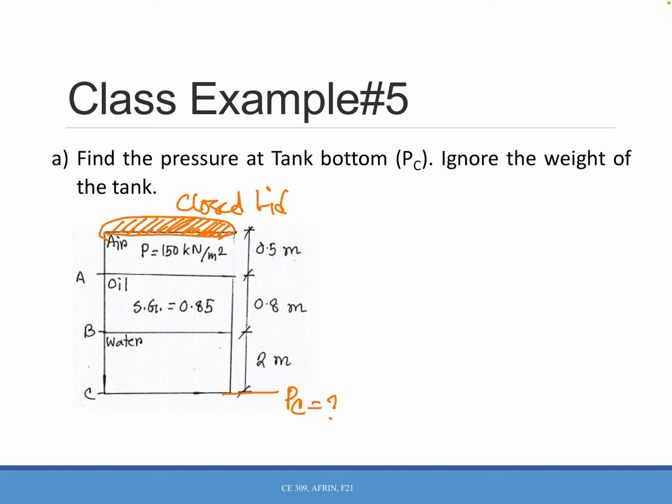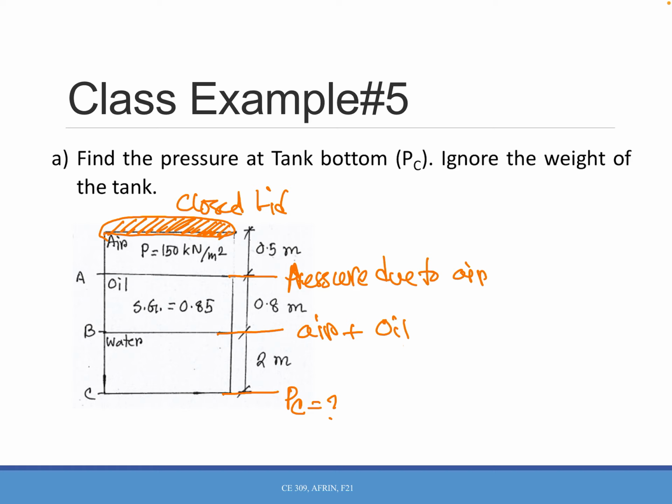Just a few minutes ago, we learned that if you go in the downward direction, the pressure will increase, and we can explain that using this example. At this point, the pressure is only due to the air. At this point, it is due to air plus this oil.